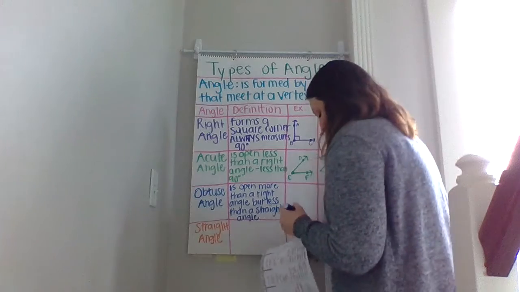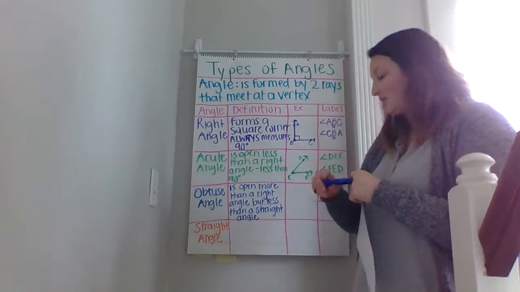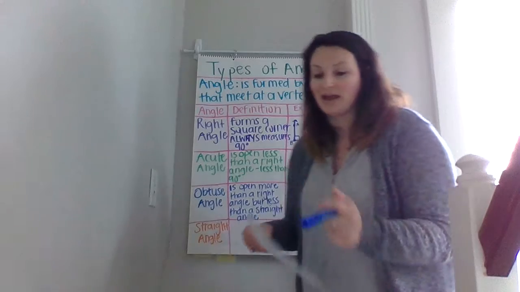We'll talk about a straight angle in a minute. But an obtuse angle is open more than a right angle, but less than a straight angle.